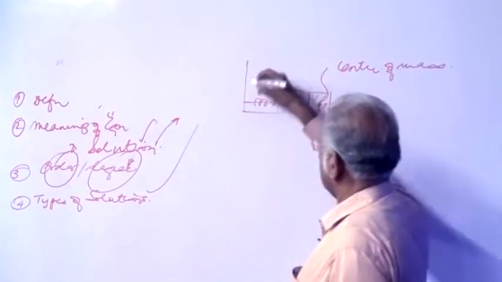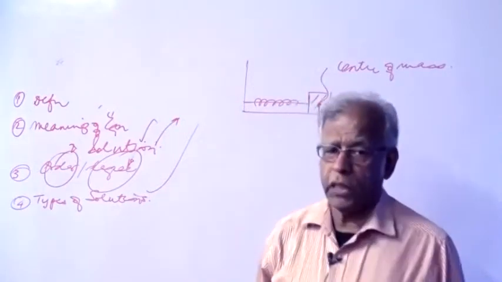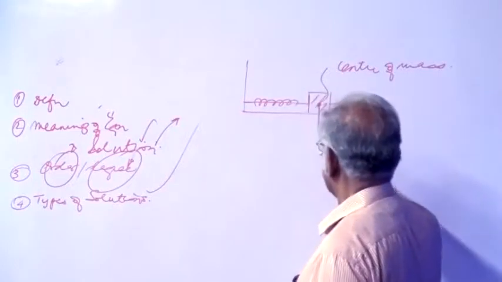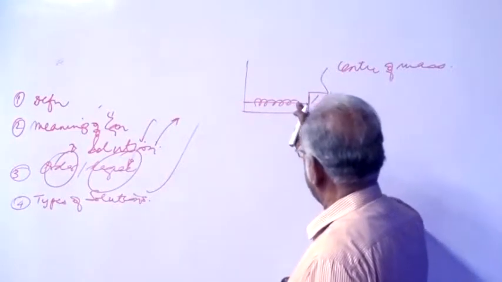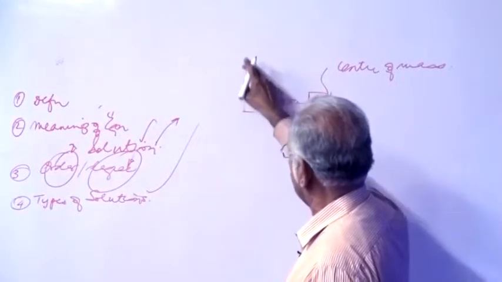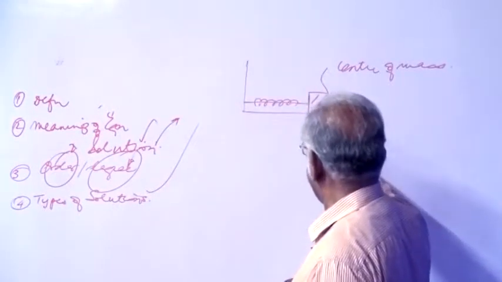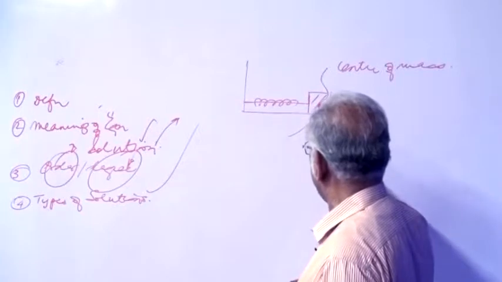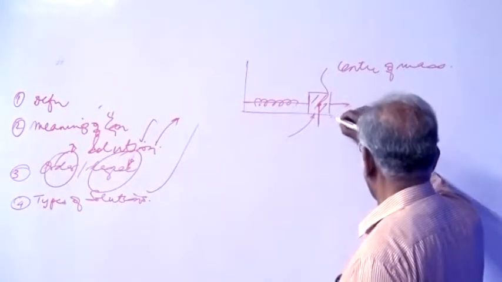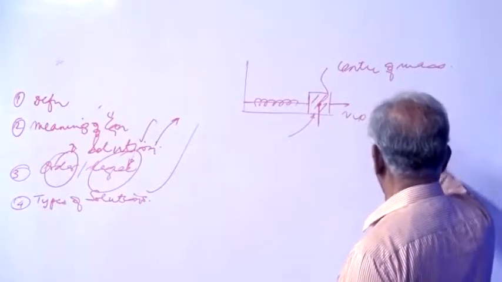Here we have something called a simple harmonic oscillator, in which we have a block of mass m attached to a spring, and the other end of the spring is fixed to a wall. We assume that there is no friction between the block and the bottom surface. So here we have no friction.